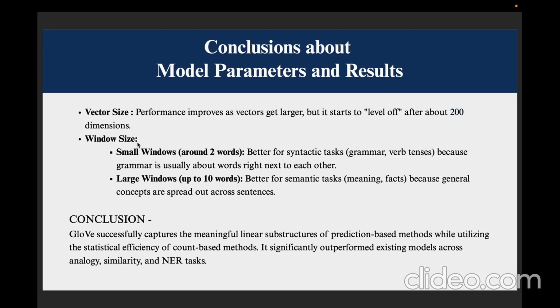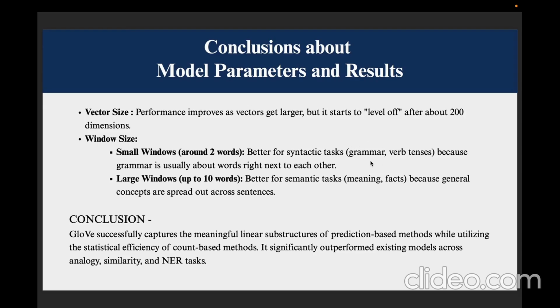Talking about the window size for capturing the neighborhood, different window sizes capture different kinds of context. Small windows of around two words, just one word behind and one in front, were better for syntactic tasks, something like grammar, verb tenses, and these kinds of corrections.